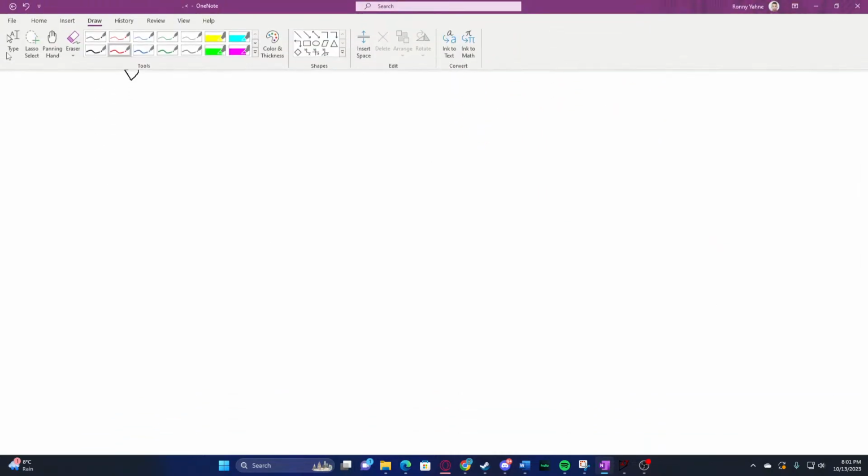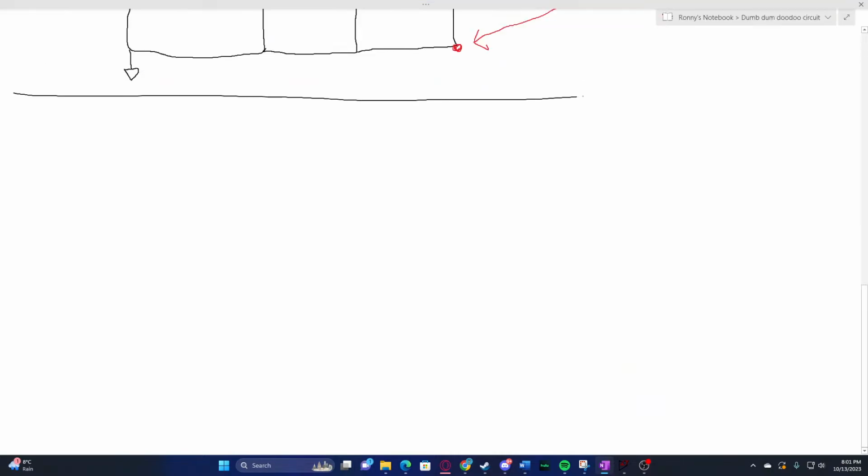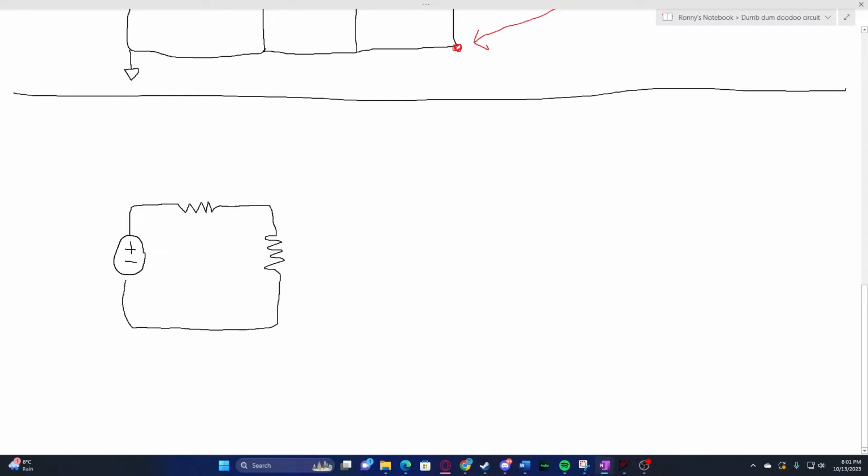Down here, we'd have a 9 volt source. I'm going to draw that as my 10 ohm, and a capacitor.